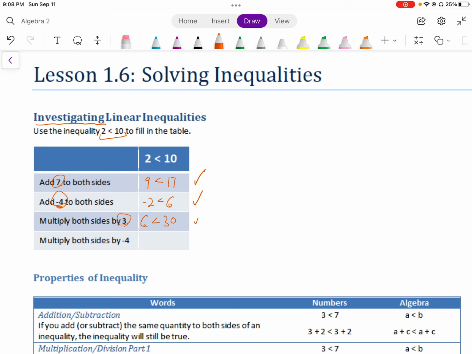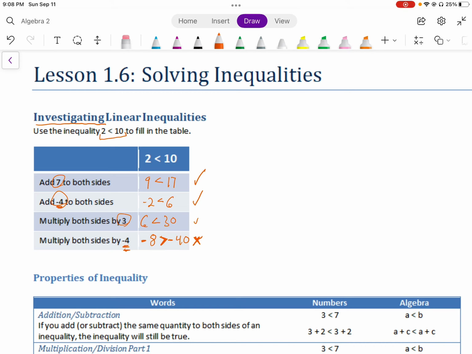2 times -4 is -8, and -4 times 10 is -40, and in this case, -40 is actually less. It's further to the left on the number line, so it is not true. And so when we multiply by negatives, it does not give us a true statement.